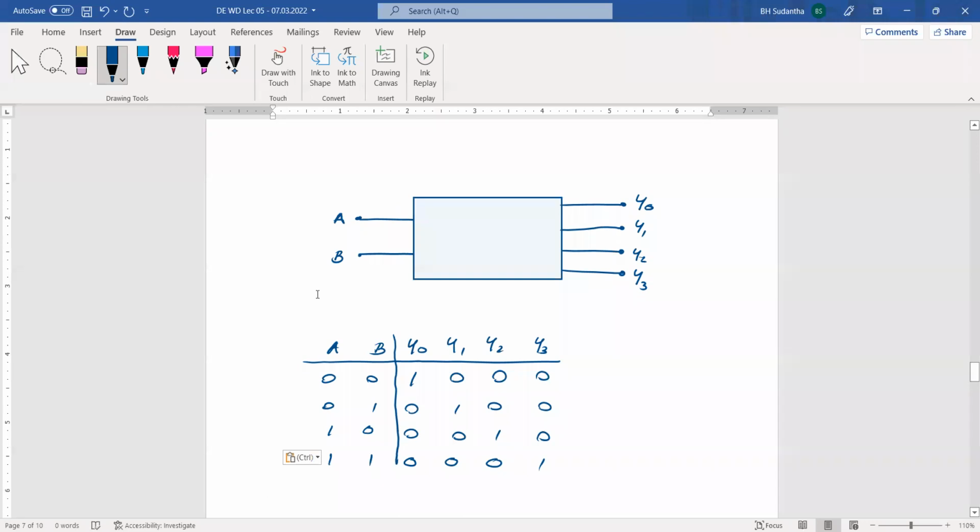If it's a non-standard decoder, there may be 2 inputs and 4 output lines, but the truth table is different.